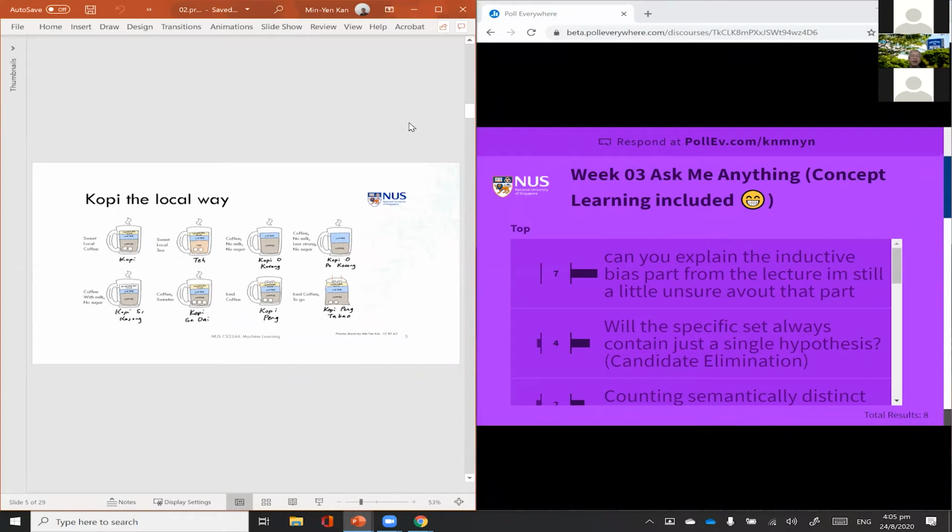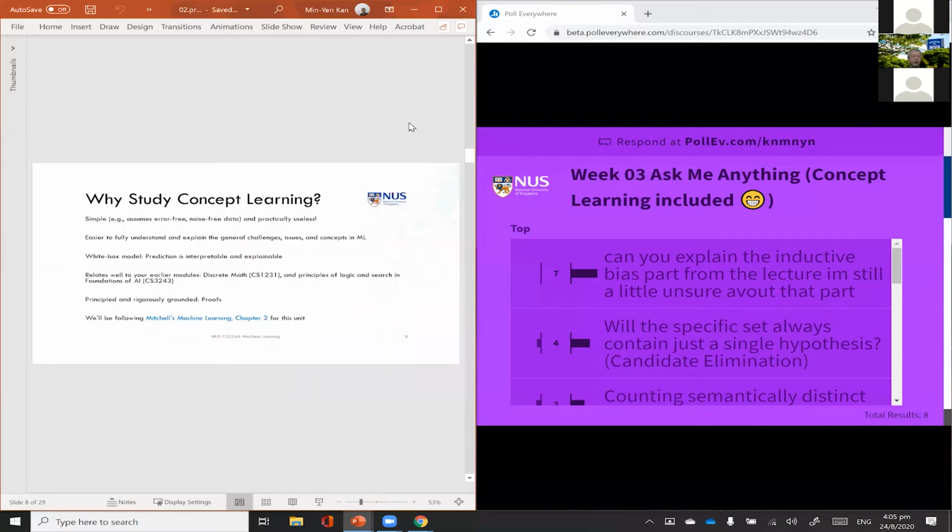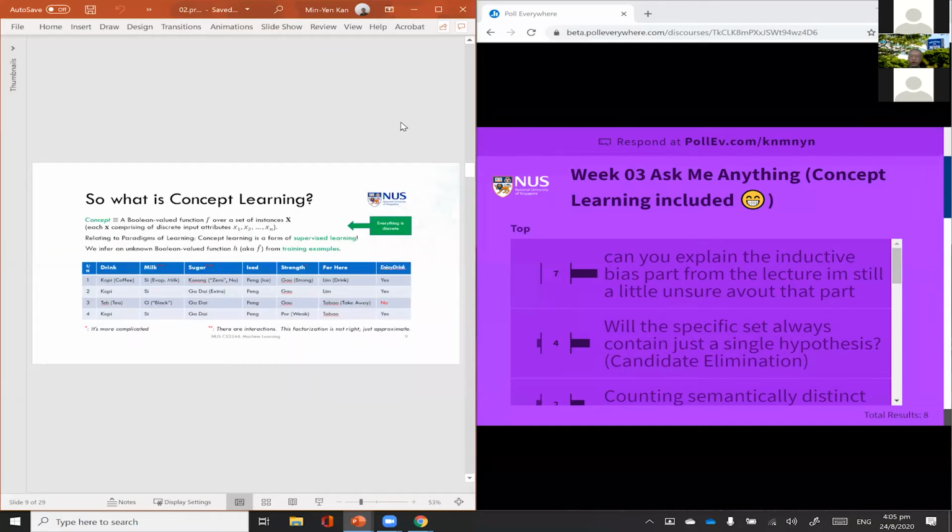Like I have a value of a drink, and maybe that value is, for example, coffee. I could say that this person prefers coffee. For milk, they might prefer it with evaporated milk, etc. So those are values on the attributes.